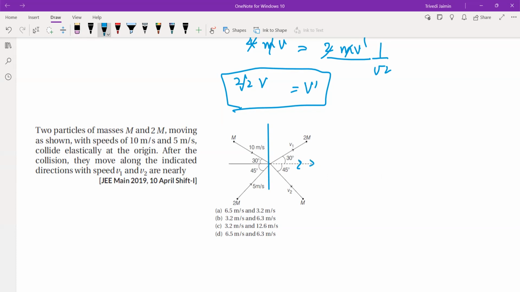So first resolve into components. V1 is 2 V1 cos 30, V2 cos 45. Next, here V2 sin 45 above V1 sin 30.